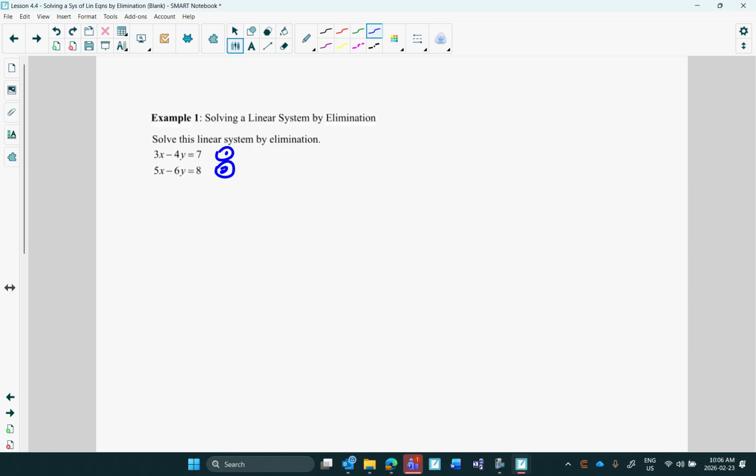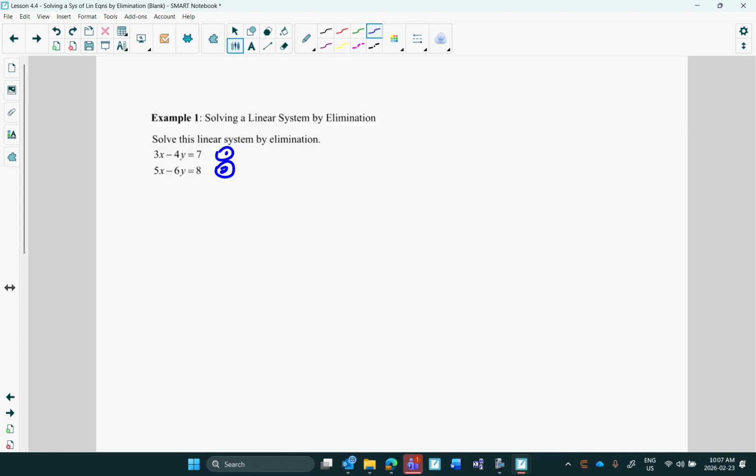I'm going to show you how we can do it by subtracting and how we can do it by adding. Because sometimes students find it easier to add. Okay, but both work. So what we have to do here, I can't add or subtract right now and get rid of one of the variables, right? Because the numbers are all different. But what I could do is multiply each of these by some number to make the x's or y's the same. So how could I do that? Well, look at the x's. I could multiply this by 5, this by 3, and it makes 15 for both.